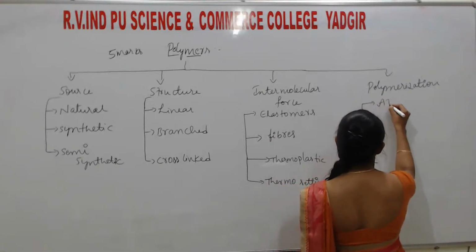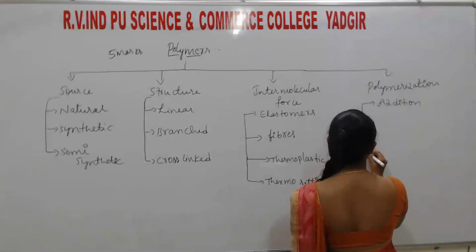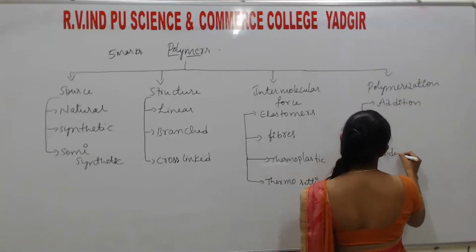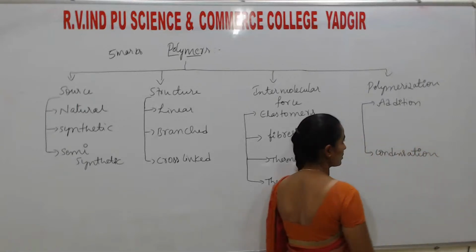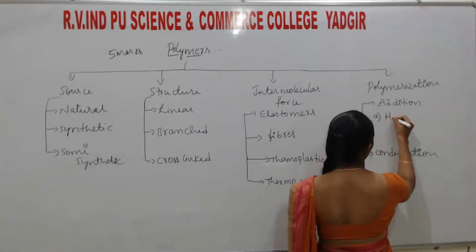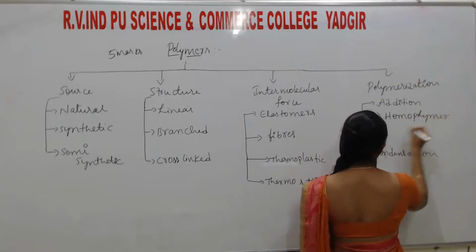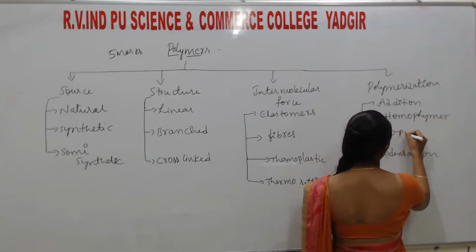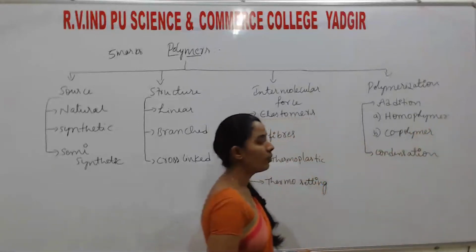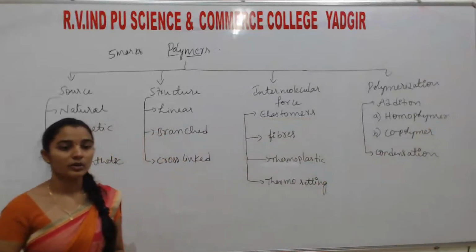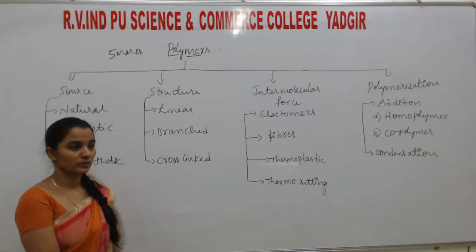One is addition, another one is condensation. Addition and condensation. In addition, students, homopolymer and copolymer, 2 types are there. In addition, homopolymer as well as copolymer. This is the classification of polymers.